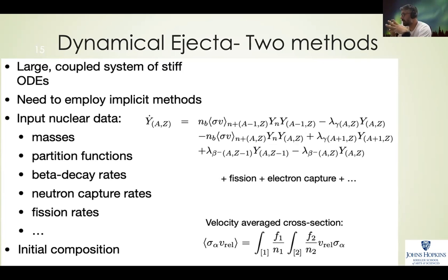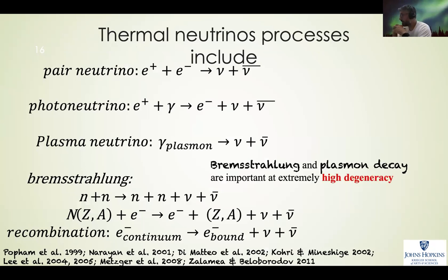We need to follow the whole network, almost 8,000 nuclear species, starting from proton to element with Z=112, and that lies between the valley of beta stability, as I presented in the first slides, and the neutron drip line.